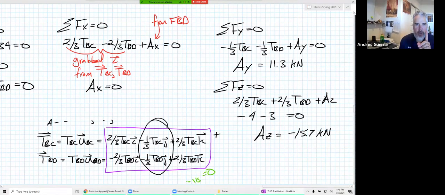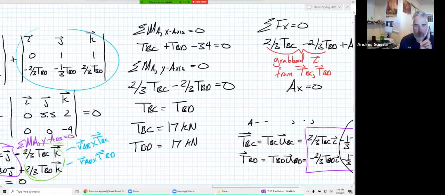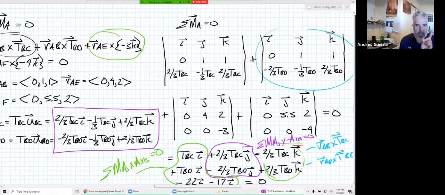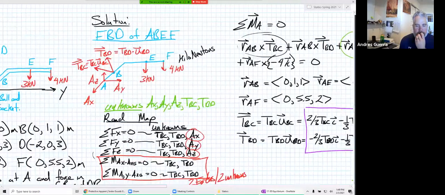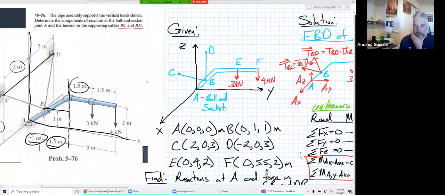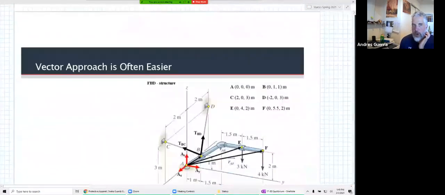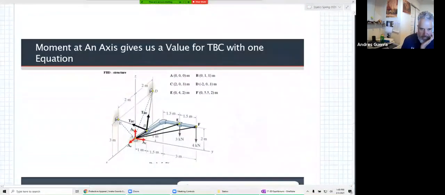I want to point out here, just so we know about it, another way that we could have done this. Moment about an axis. If we did a moment about this axis right here, and we've done that before with the triple scalar product, that's an R cross F dotted with a unit vector.